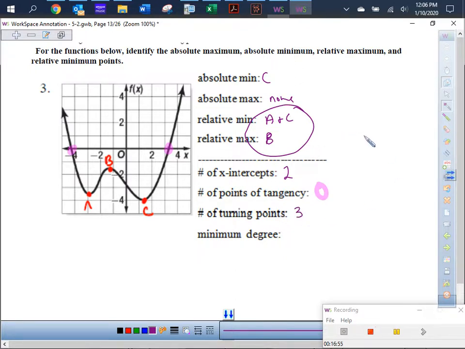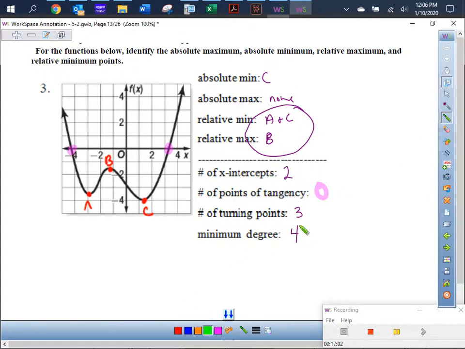And the minimum degree of this is turning points plus 1, so that is 4. Are there imaginary zeros? Well, the degree is 4, so there's supposed to be 4 zeros, but we only see 2 of them. So there has to be, and you see how it twists and turns around, but this never crossed over the x-axis. So there are imaginary zeros in that, and we'll get better at that as we go along.